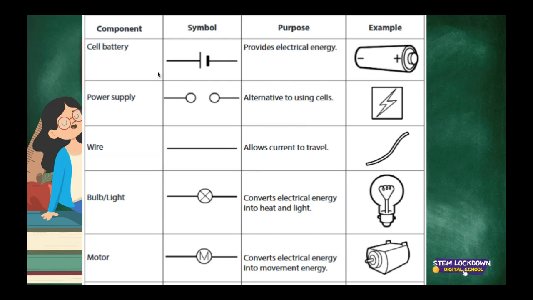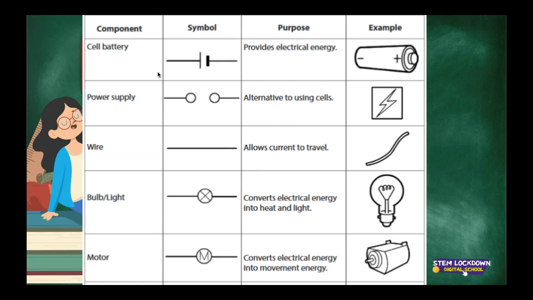The first one is a cell battery. Now look at the symbol. It's the wire and obviously attached with a big line and a small line showing the positive and the negative. So that's basically the symbol for a battery, a long line and a small line.